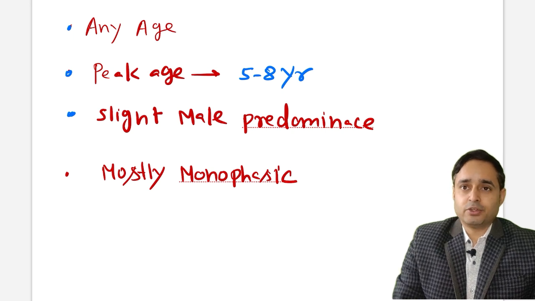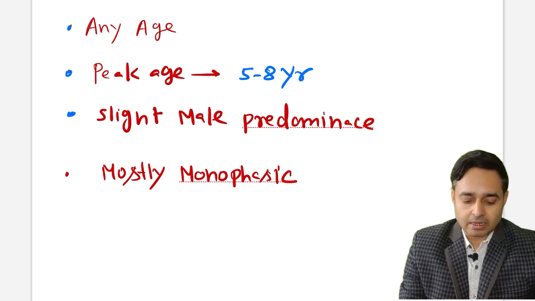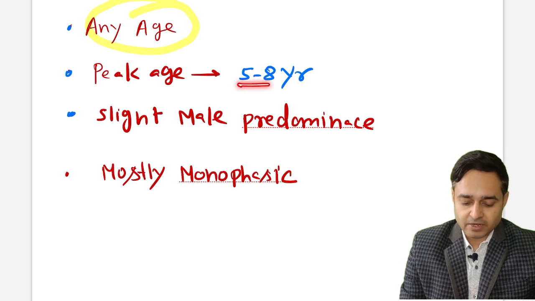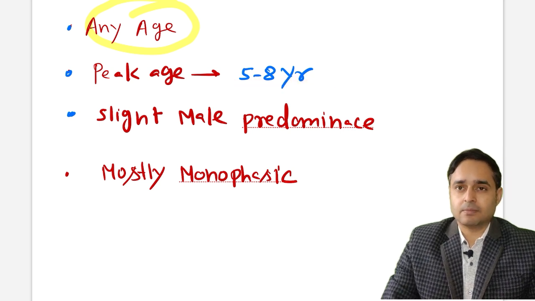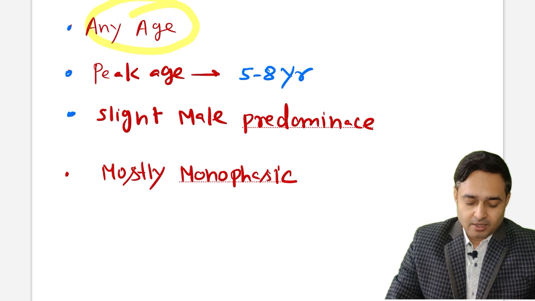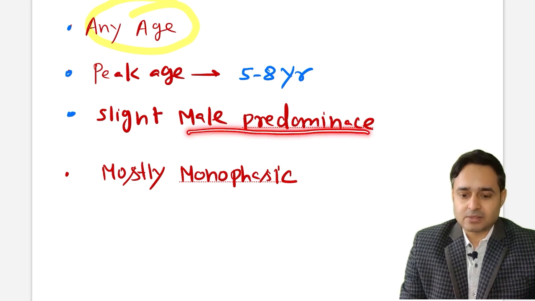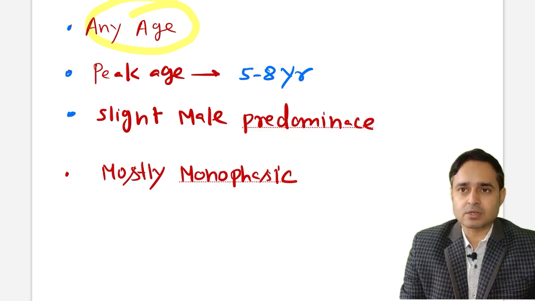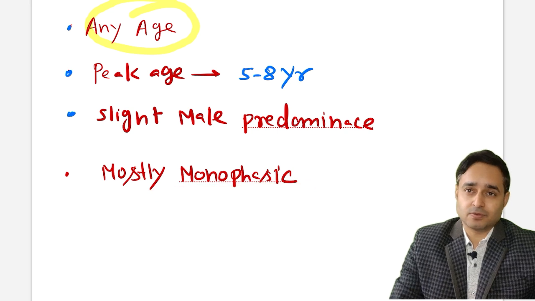Okay, the epidemiology of ADEM, it can occur at any age. Peak age is 5 to 8 years. Again, the previous year's question. Slight male predominance is there, and this is mostly monophasic, as we have seen.